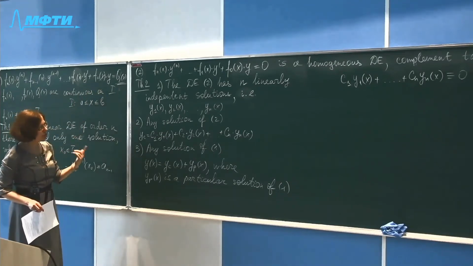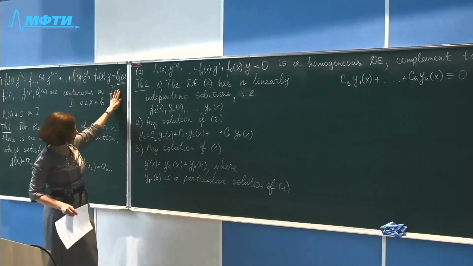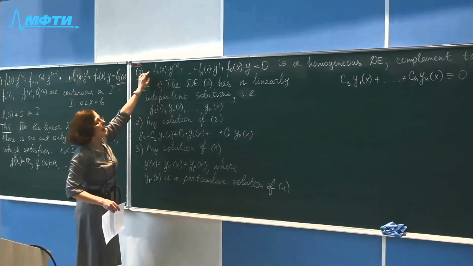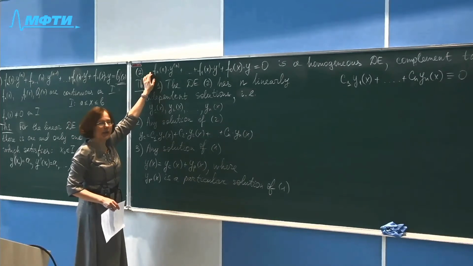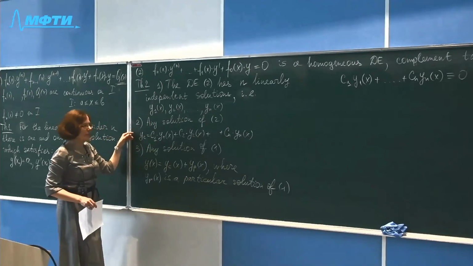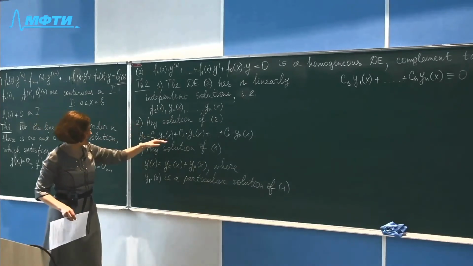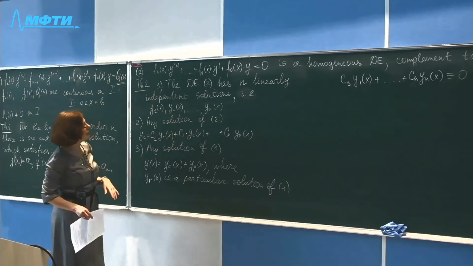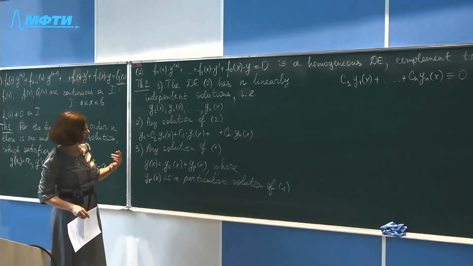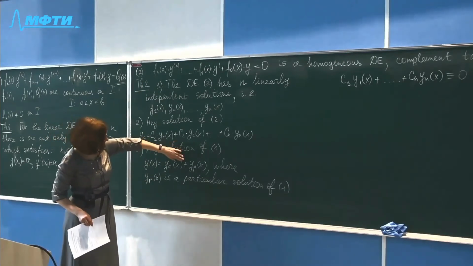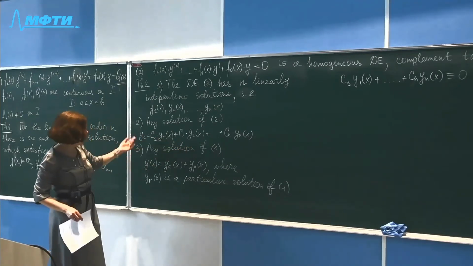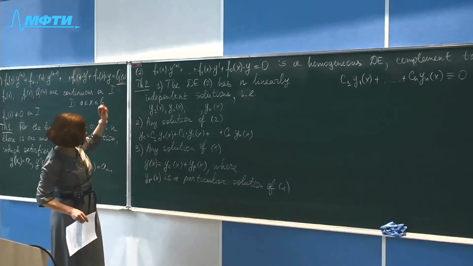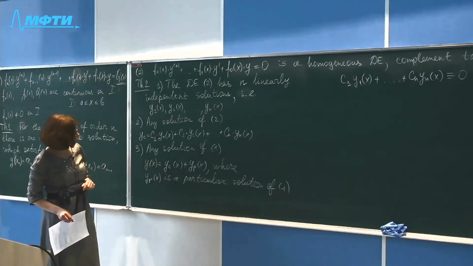So we need to know only one solution. And we must be able to solve the corresponding homogeneous equation. And if we find the n-parameter family of solutions, so all the solutions of the homogeneous differential equation, and after this we add them together, we will find the general solution to the original differential equation, y of x.